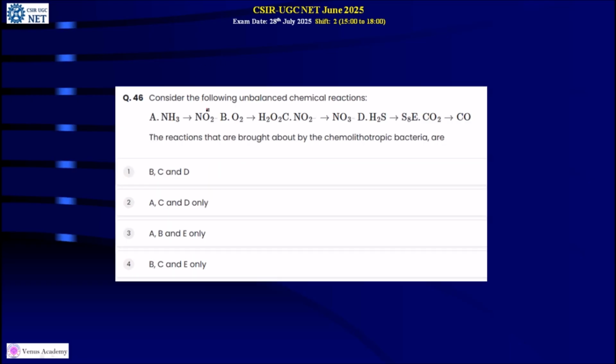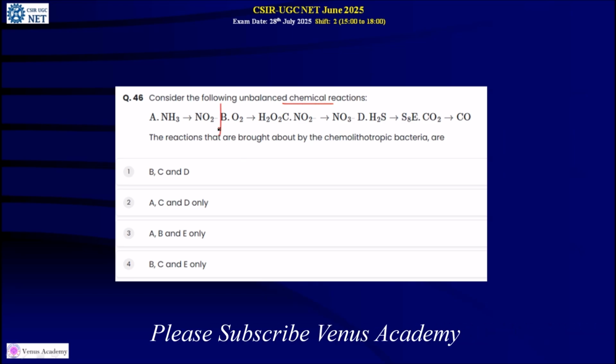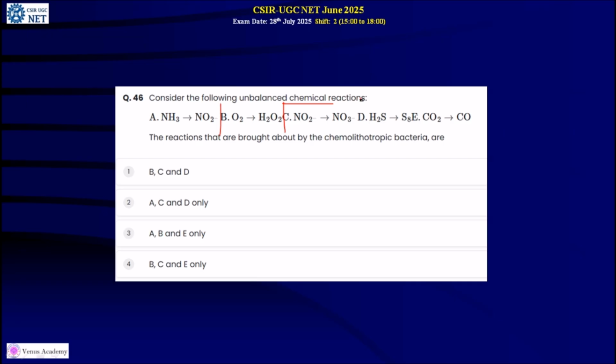Next, consider the following unbalanced chemical reactions. Unbalanced chemical reactions are given. A: ammonia is converted to NO2 minus; B: oxygen is converted into H2O2; C: NO2 minus is going to give NO3 minus; D: H2S is going to give S8; and carbon dioxide is going to give carbon monoxide.